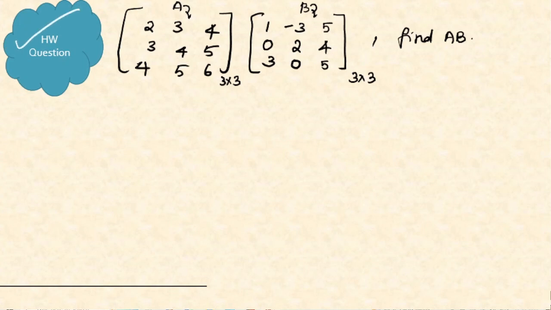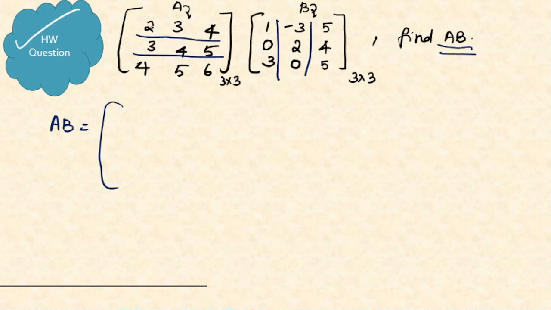So the first question of the homework that I gave is this. I told you to find AB. This is the A matrix, this is the B matrix. First you have to split it into rows and then columns. So AB is equal to: first row, first column: 2 ones are 2, plus 3 zeros are 0, plus 4 threes are 12.